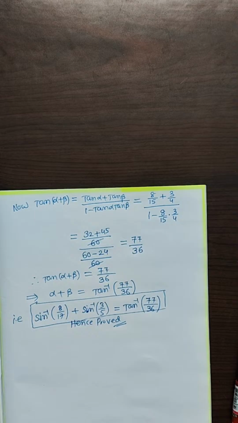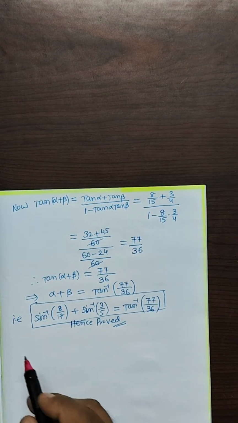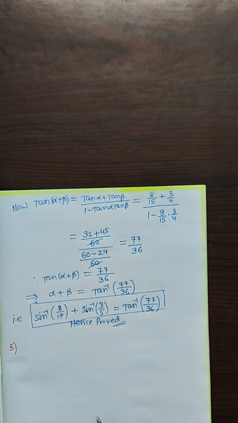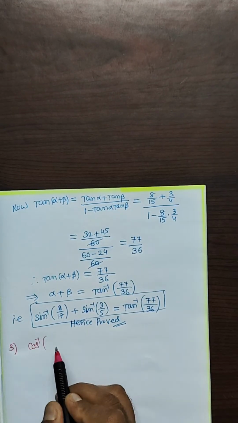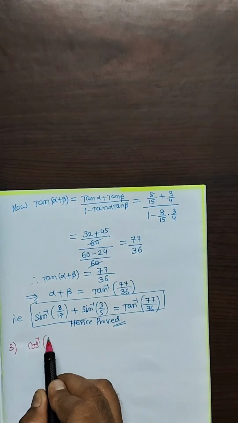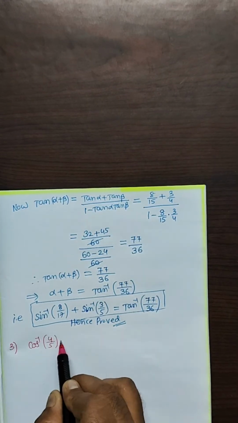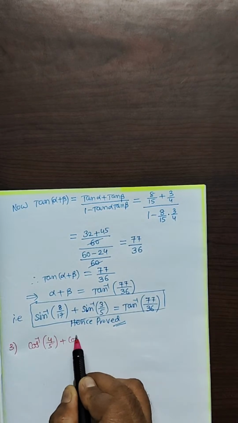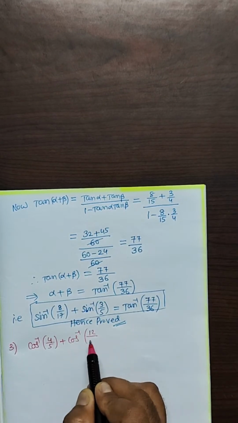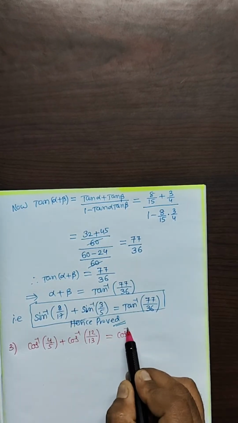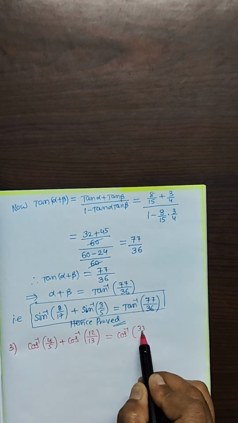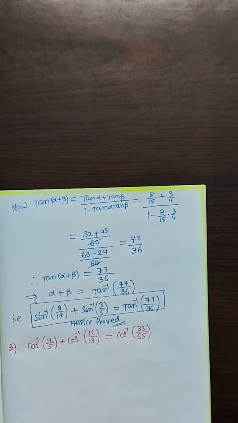Let us discuss the other question. Question number 3. Prove that cos inverse of 4 by 5 plus cos inverse of 12 by 13 is equal to cos inverse of 33 by 65.